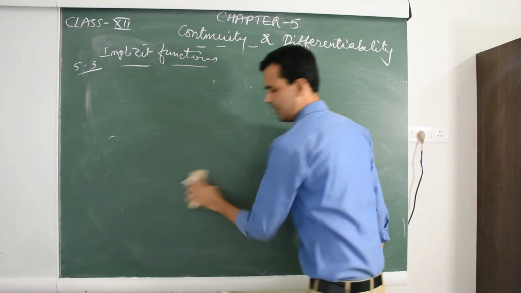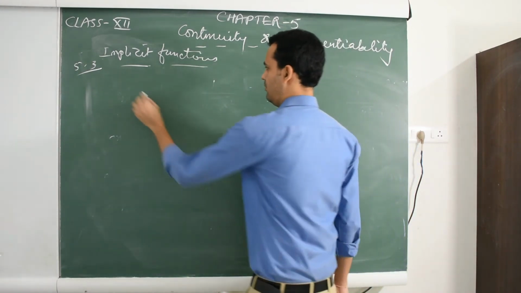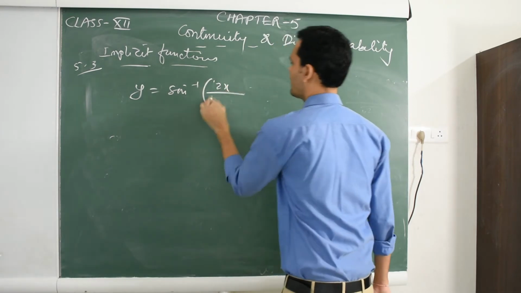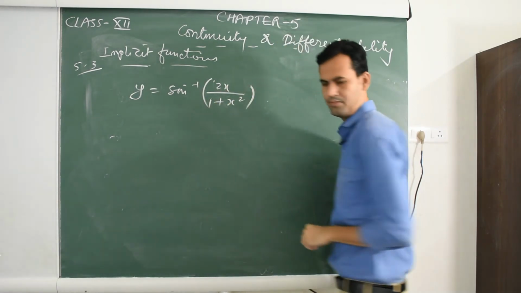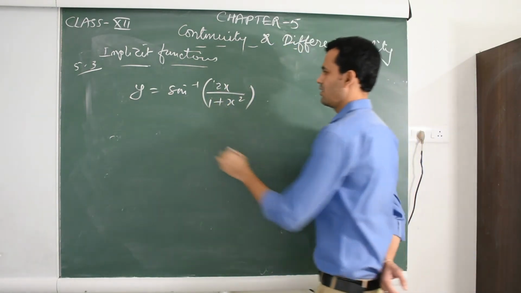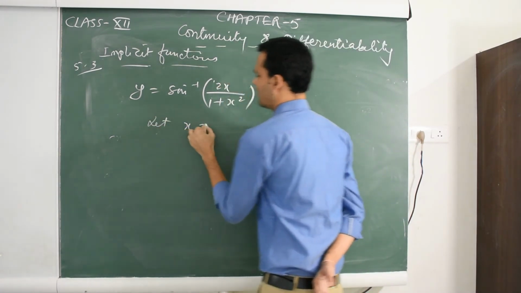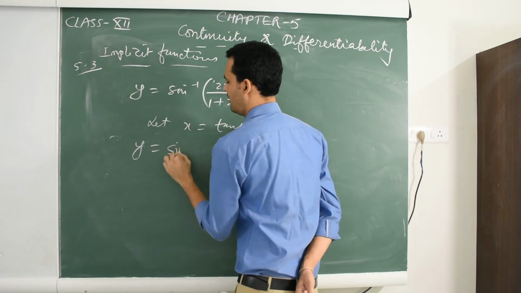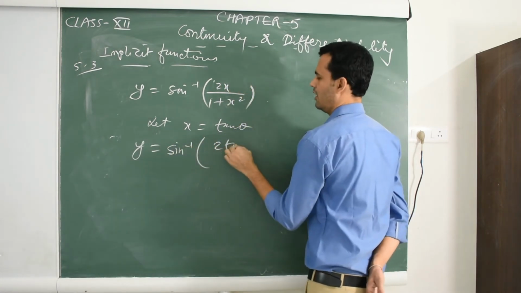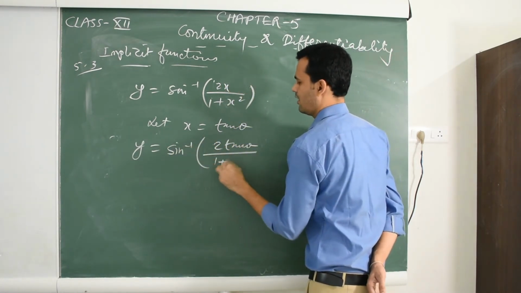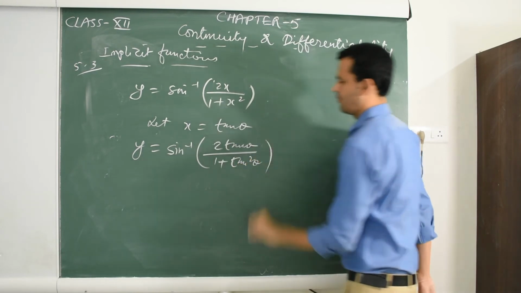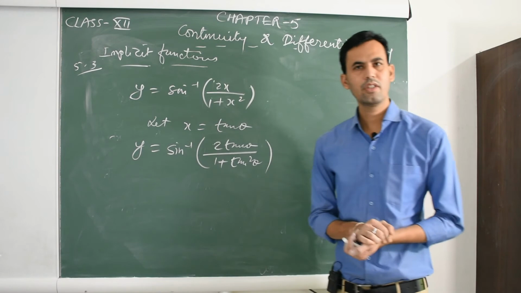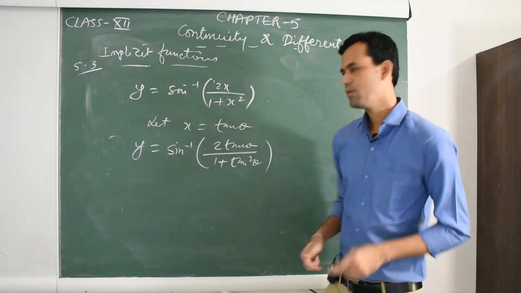So question number 9, y equals sine inverse of 2x upon 1 plus x square. Let x equal tan theta. So y equals sine inverse of 2 tan theta upon 1 plus tan square theta. We know that 2 tan theta upon 1 plus tan square theta is the formula of sine 2 theta.